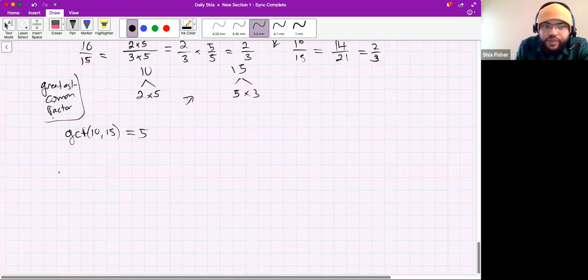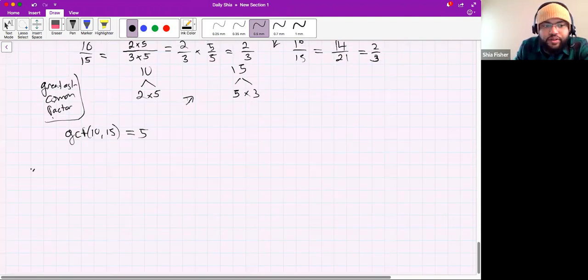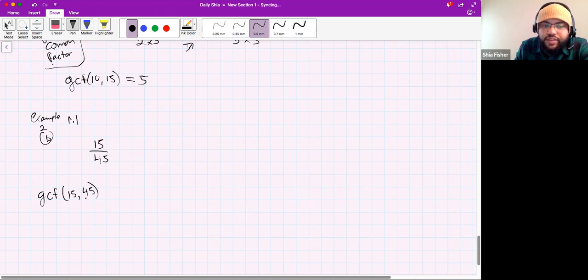And this is example 2, A and B. So here's example 2B of section 1.1 in this book. 15 over 45. All right, so we need the GCF of 15 and 45. You might look at this and say, it's got to be a 5 because I see 5 all over the place.